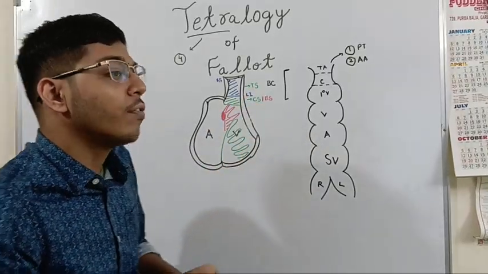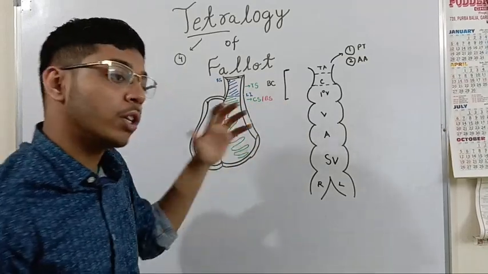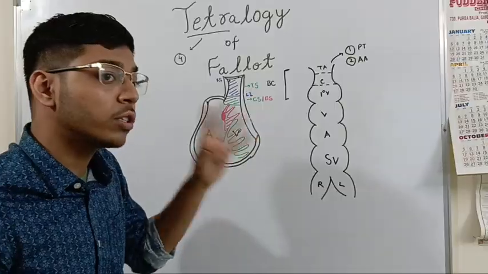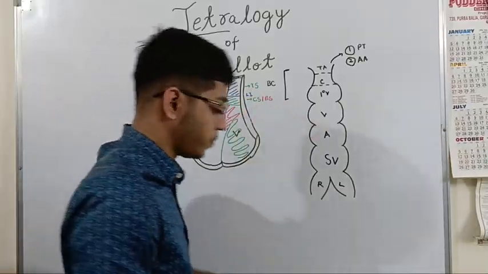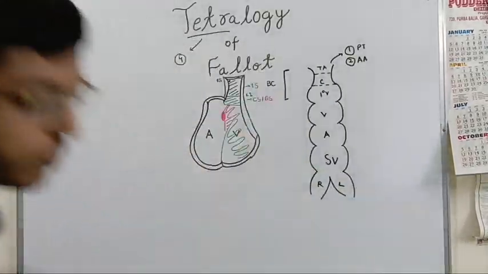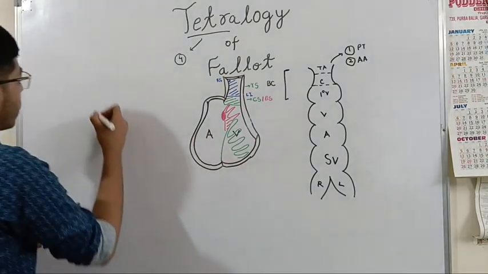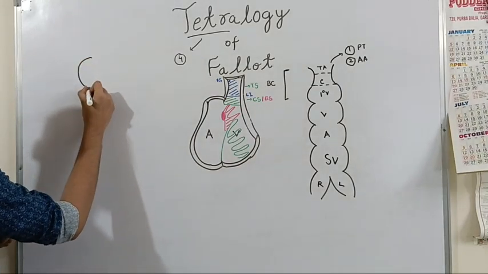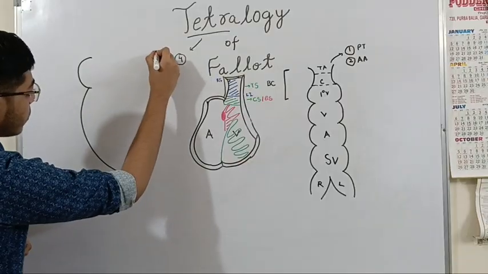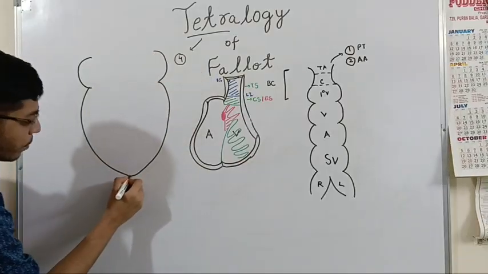So now when we have that knowledge or understanding of the embryology of the heart, let us understand what those four cardiac defects were. Suppose this is the heart.